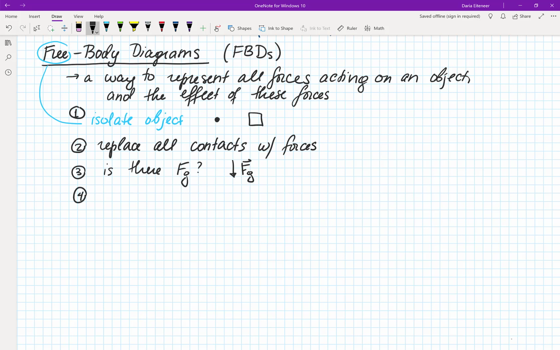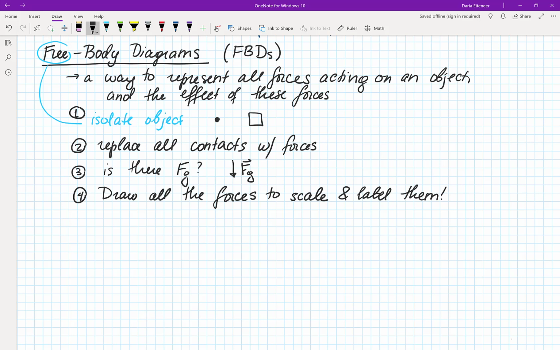Number 4: draw all the forces to scale as much as possible and label them. So for example, if you know that one of the forces is twice the strength of another one, draw it like that. Make sure that you're reflecting in your free body diagram the fact that one force is twice the other.